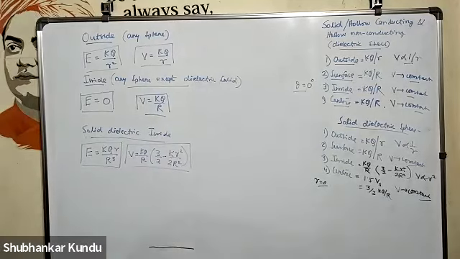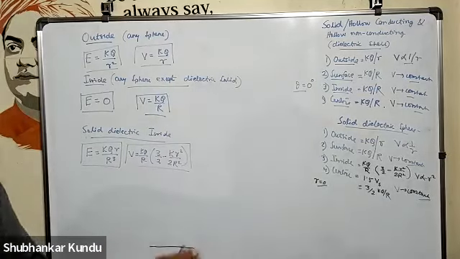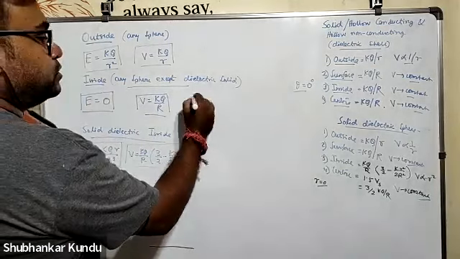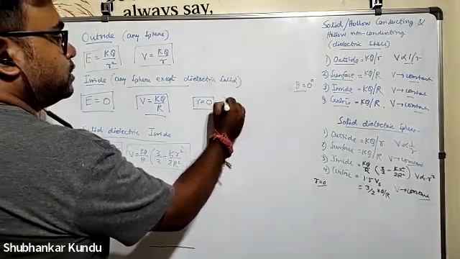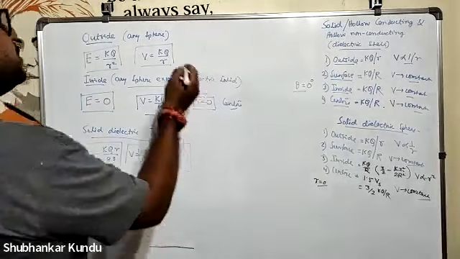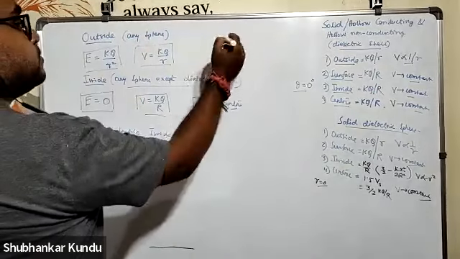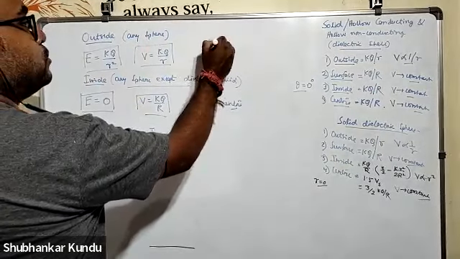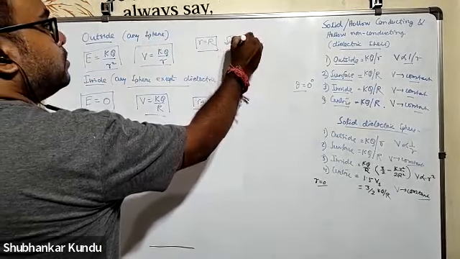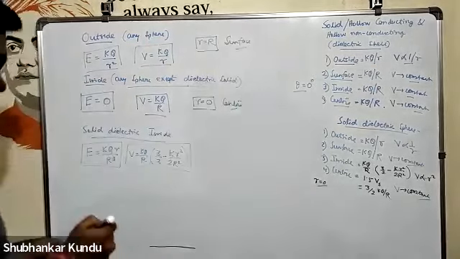And for the center, we'll be following the inside case. Just put r equal to 0 for the center. And for the surface case, use the outside case. Just keep r equal to capital R for surface cases.